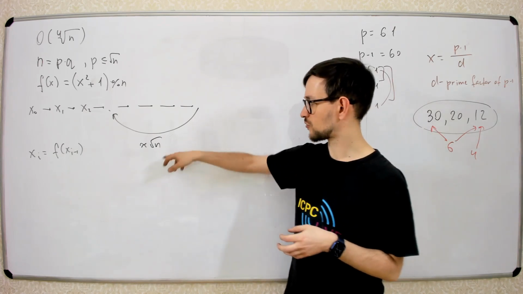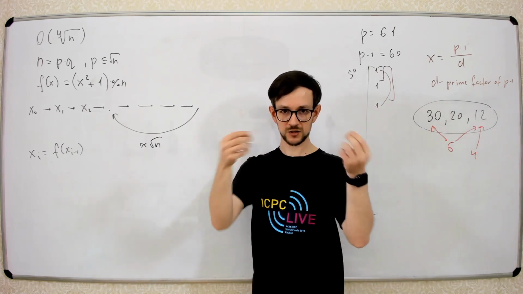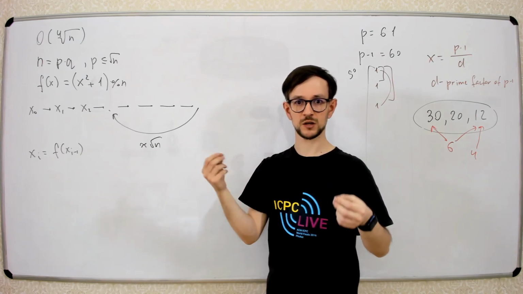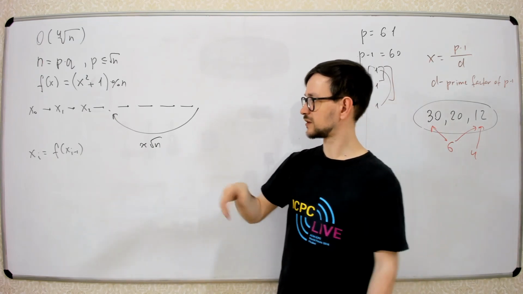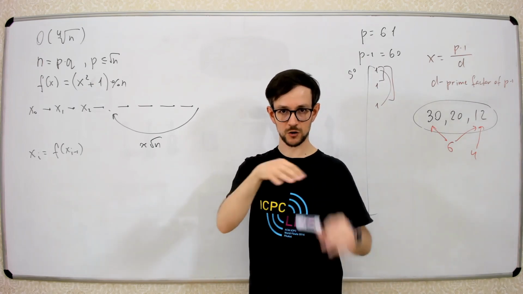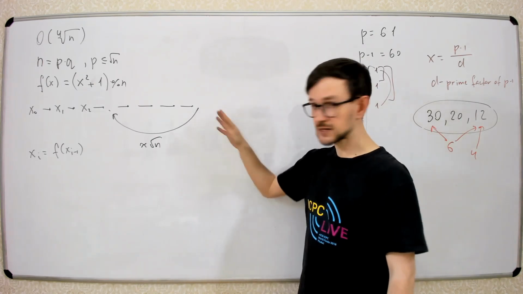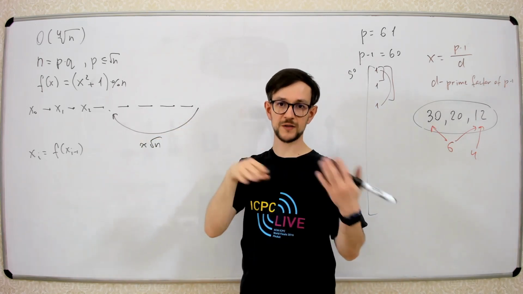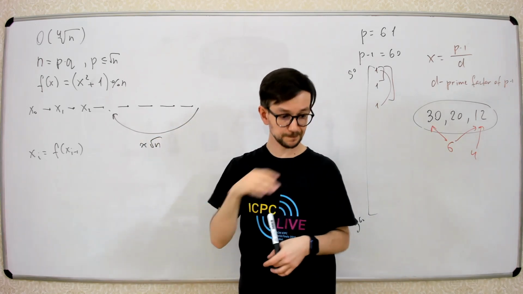Each pair may have a collision, so there is a good probability of collision in your set. And that's exactly what happens here. We just pick random numbers until we find some collision, and we will find the collision after about square root of n steps.